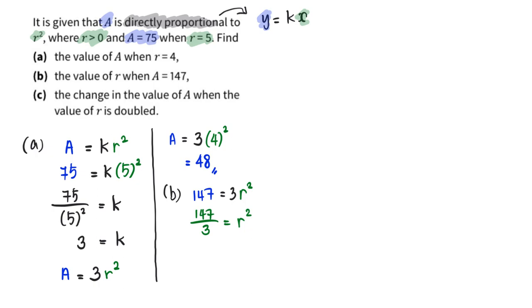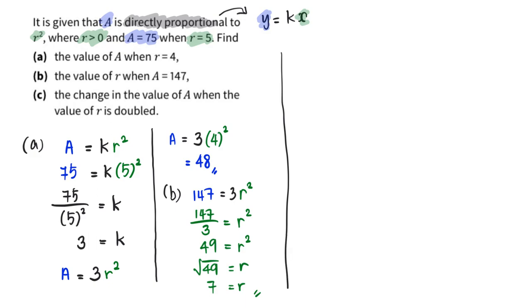And later on, this gives me 49, so all I have to do is to square root 49, and I only take note of the positive value, which is 7 in this case. Okay, because the question already informed us that r has to be a positive number.